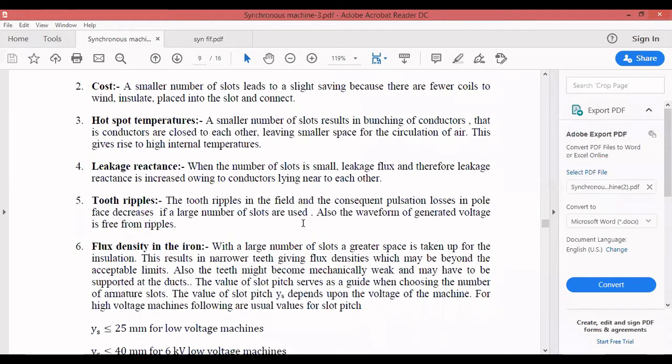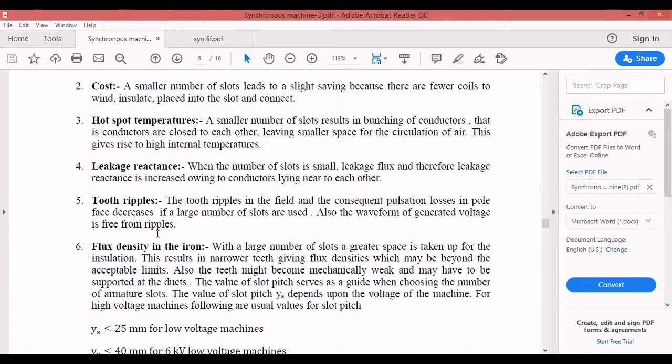So if we use more number of slots, then these tooth ripples can be avoided, and the waveform of generated voltage is free from ripples. The electromagnetic flux produced from the stator and passed through the air gap flux onto the rotor will be almost closer to a sine waveform if you use a larger number of slots.